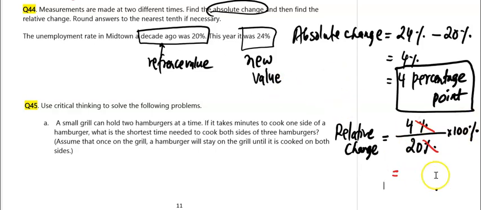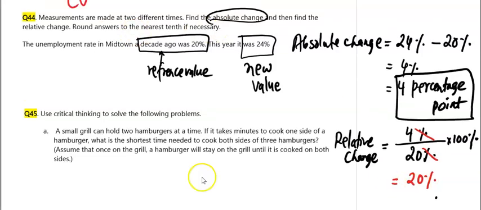You do the math here, you get 20%. So this 20% is called the relative change. But the absolute change is going to be 4 percentage points. Relative change is going to be 20%. So that's the answer. Okay.